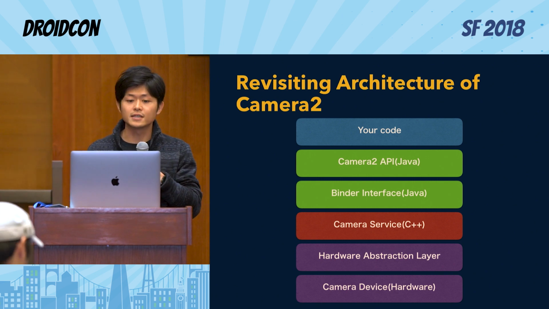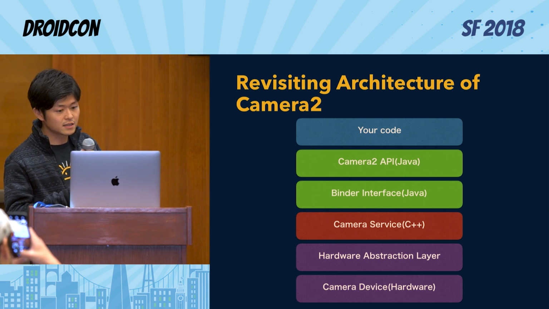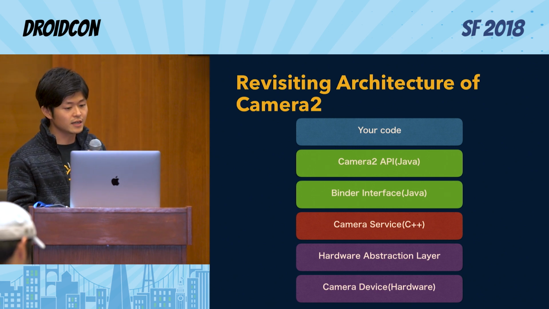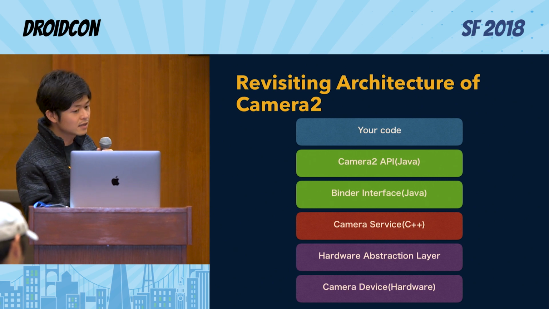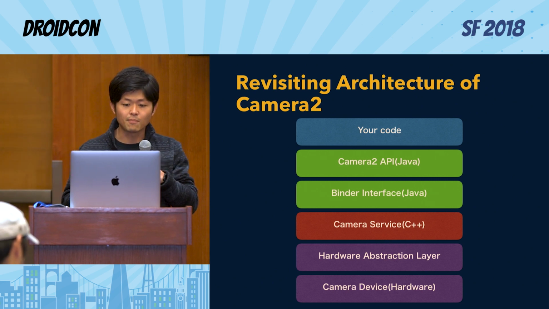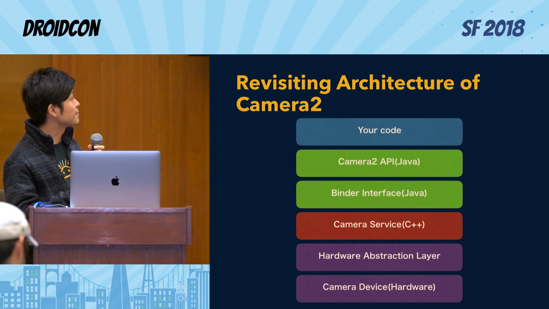There's a lot of things underneath this. The bottom layer, the purple one, is the actual devices that the camera has. Since Android has many devices all over the world, and there are many image sensors, it's a very good idea to have this kind of abstraction layer on it.